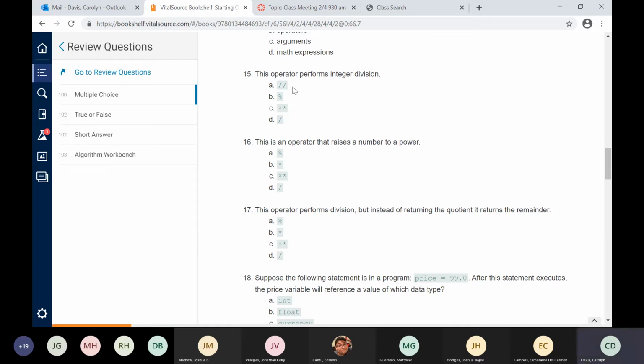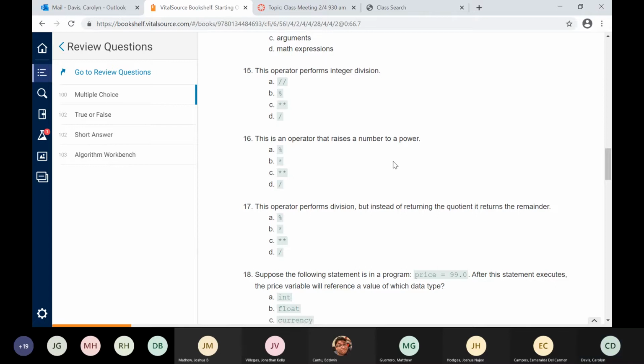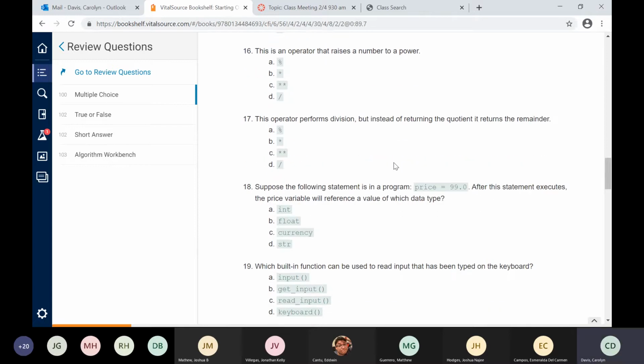A. Integer division means no decimal points. And this one raises the number to a power. That's the 2 asterisks. That's exponentiation. C. This operator performs division, but instead of returning the quotient, it returns the remainder. Mod. A. Modulus.